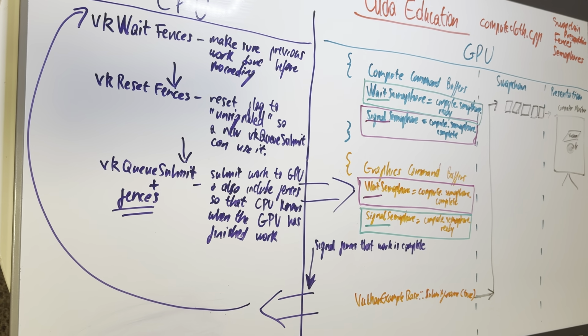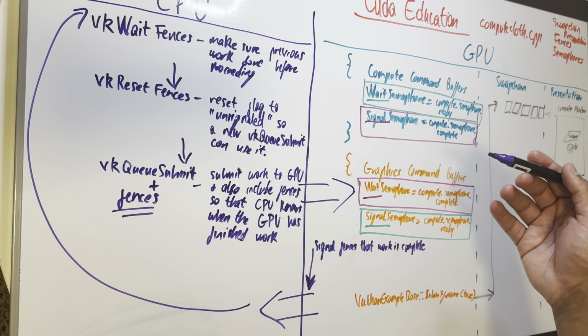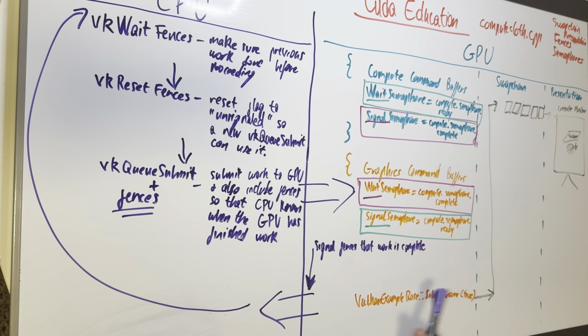All right, so we signal the work back, but we have to submit frames to the swap chain that eventually make it to presentation, right? But we have to manage another GPU process in order for this to happen.